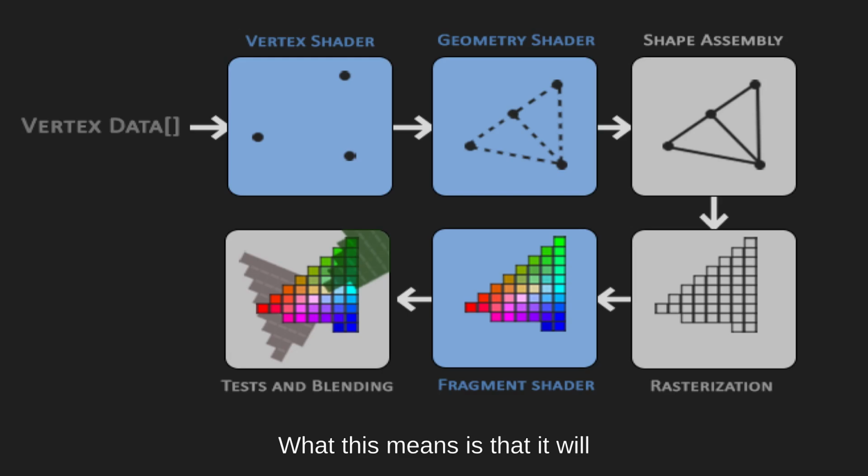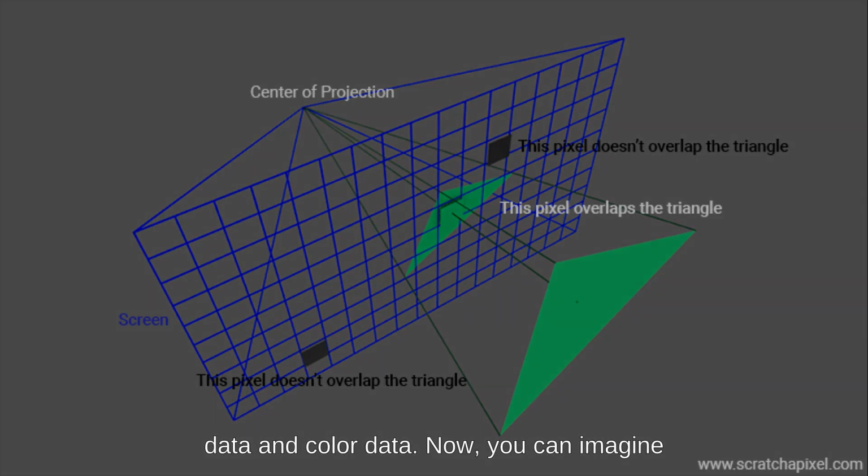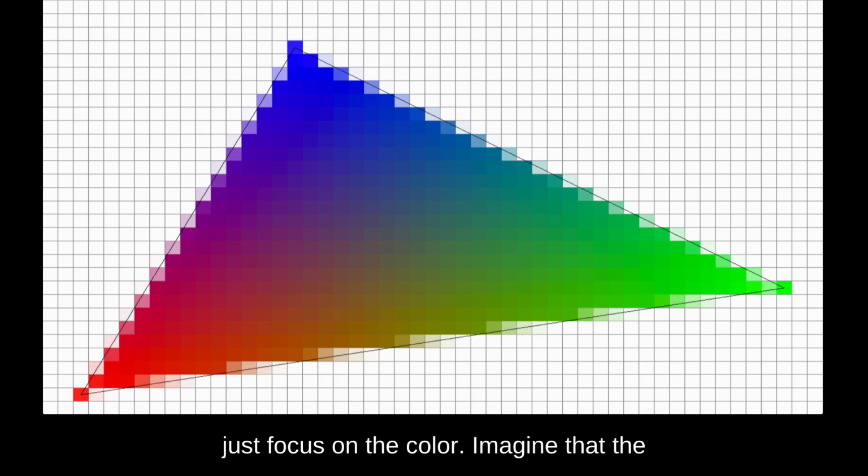What this means is that it will essentially receive the data for the three transformed vertices, let's say position data and color data, and now you can imagine that it overlays a grid over this triangle so that the triangle is made up of a bunch of discrete squares. For now, just focus on the color. Imagine that the top vertex has the color blue, the bottom left vertex had the color red, and the bottom right vertex had the color green.